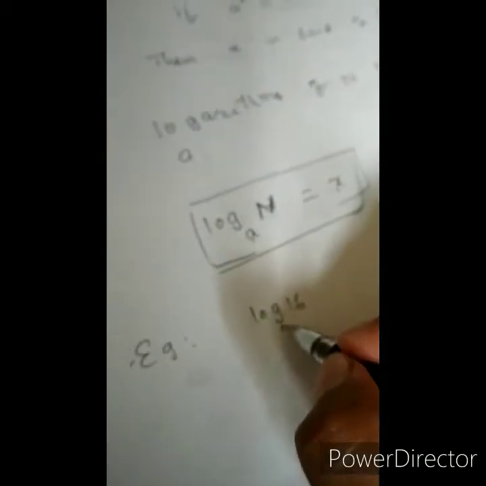For example, logarithm of 16 to the base 2 is equal to 4. Why so? Because as per the definition of logarithm, 2 power 4 is equal to 16.